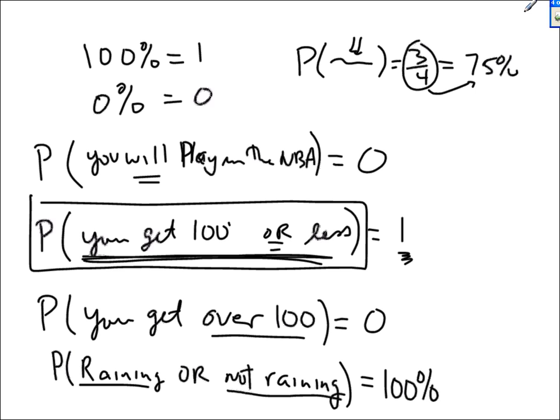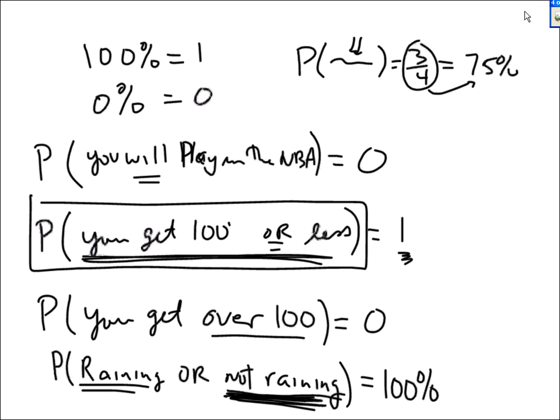For you to say no, it can only be 90%, well, then there must be another outcome, other than raining or not raining. Well, you can say, come on, it can be snowing. Fine, it's snowing, but then it's not raining. You can say it's sunny outside. Well, then it's not raining. You can say it's hailing outside.